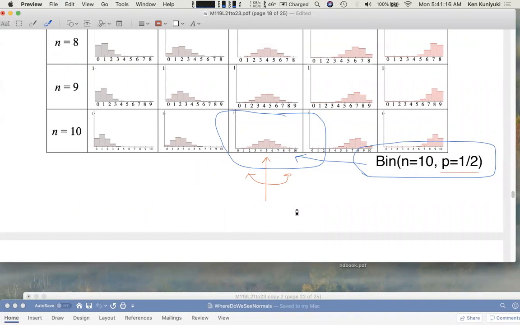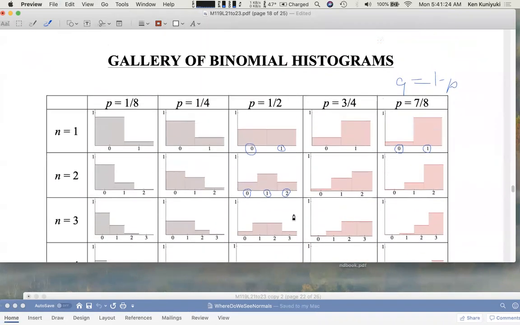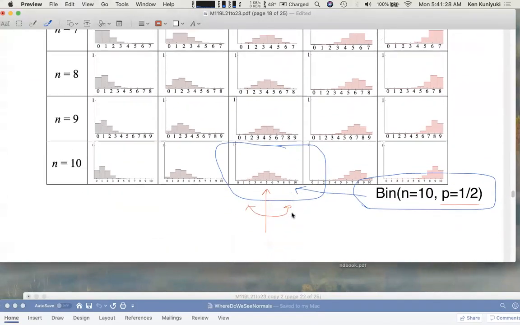All right, so we know a lot about this distribution. And as I claimed before, of these 50 distributions, these 50 histograms, the only one that we counted as approximately normal was this one. And why is that? What are the assumptions under which we're going to allow a normal approximation for a binomial?